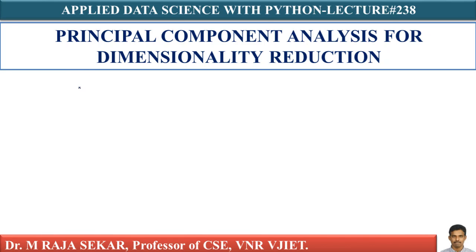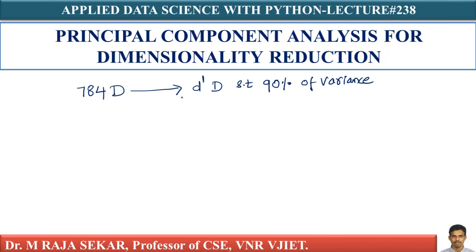What is our problem? Let me assume my original data set size is 784 dimensions. I will convert it into d dash dimensions such that I must explain 90% of the variance, or 90% of the information.